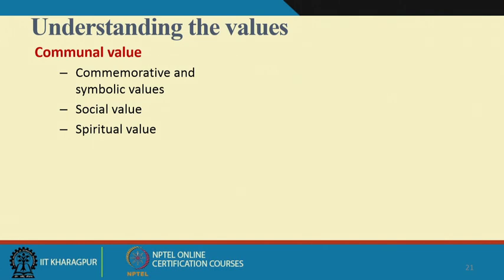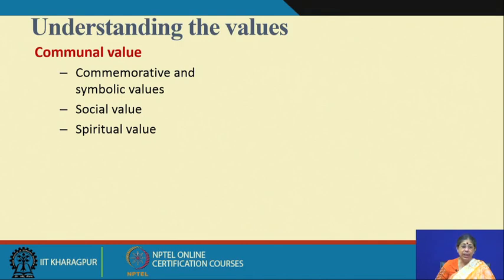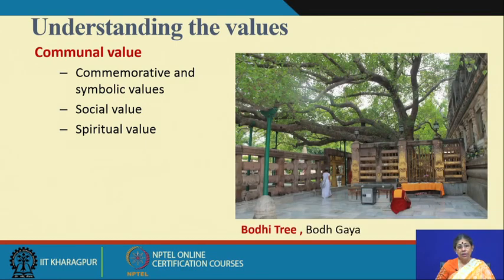We come to the communal value also. When we are talking about the community, the communal value can be commemorative and symbolic values, the social value and the spiritual value. A very good example of this communal value is the Bodhi tree in Bodh Gaya.